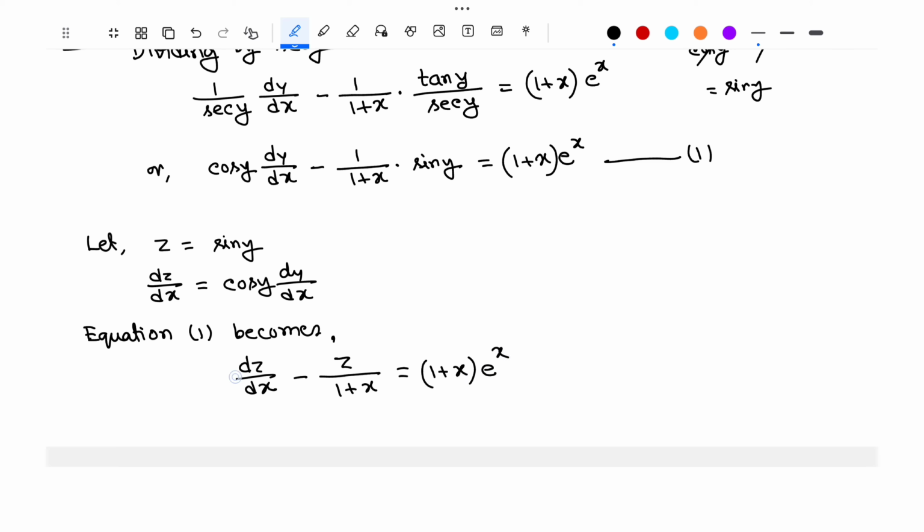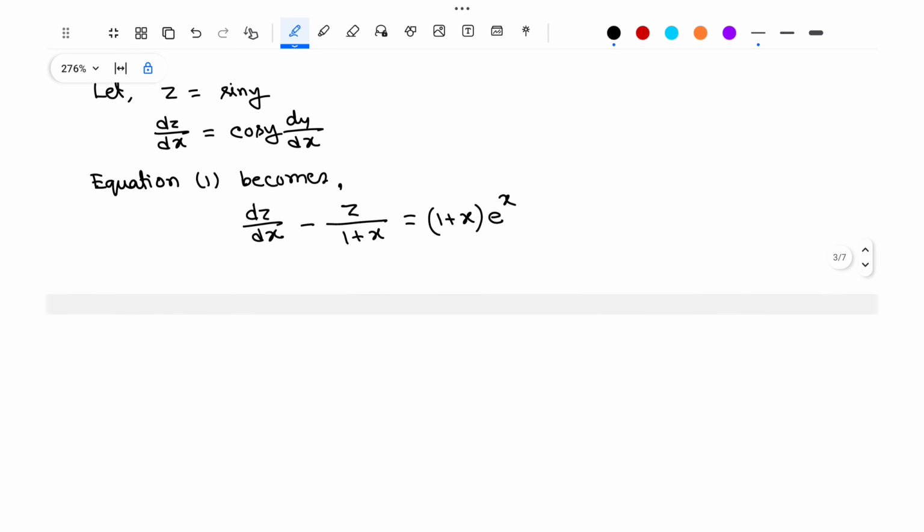Now tell me, is this equation a first order linear differential equation? Obviously yes, because order and degree both are 1. So this is a first order linear differential equation in z, because here the dependent variable is z.